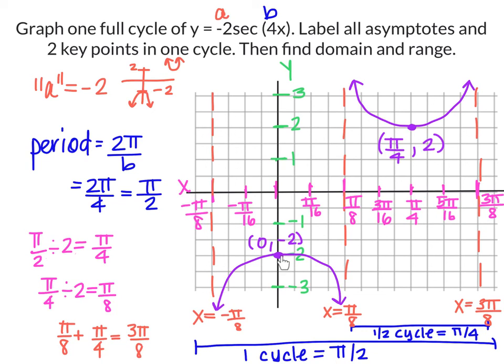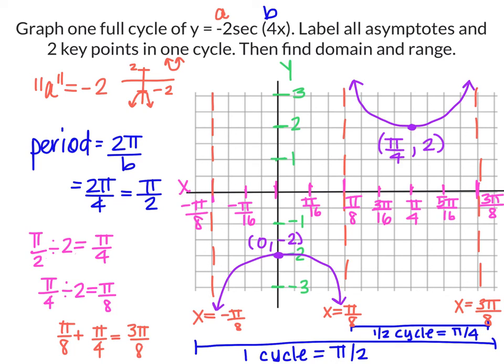So that means that this point right here is (0, -2). That's one key point. The other one is at (pi over 4, 2). So this thing is beautifully labeled. Beautifully is a stretch, but it's drawn, it's labeled, it's got everything that the directions are asking for.